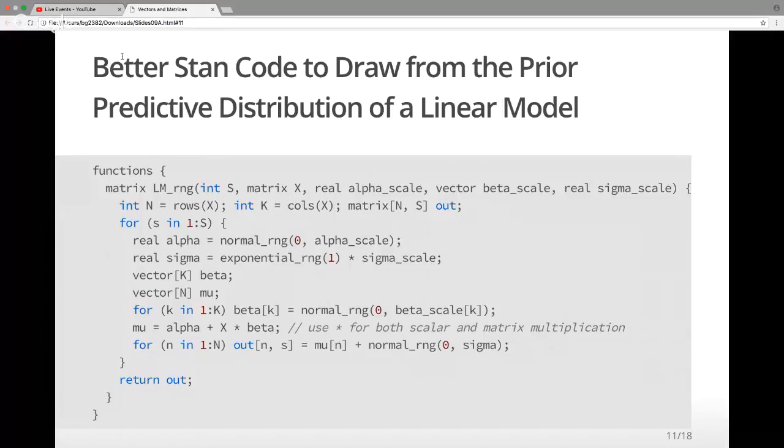which is the size of beta, filling in the little kth element of beta with a draw from my normal prior on this coefficient.